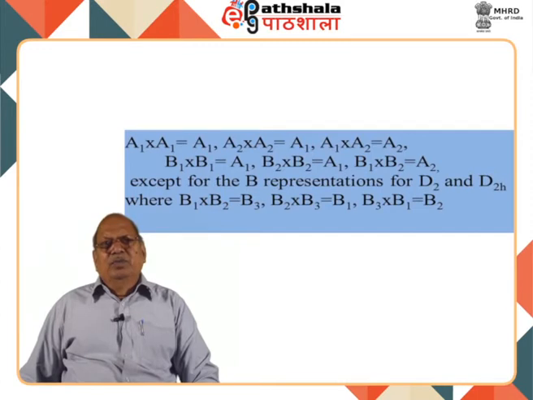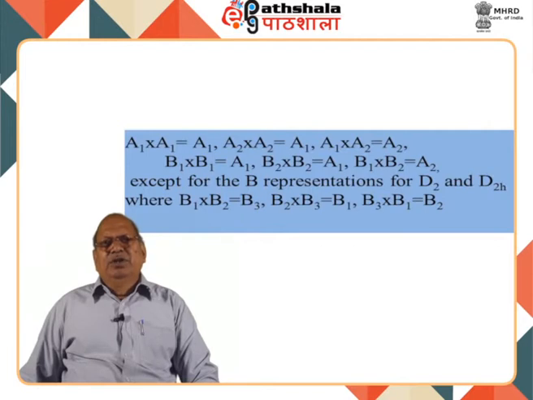Products of the form A into A, B into B, A into B for all groups are defined as: A1 into A1 is A1, A2 into A2 is A1, A1 into A2 is A2. This product, I mean to say, direct product. B1 into B1 is A1, B2 into B2 is A1, B1 into B2 is A2.